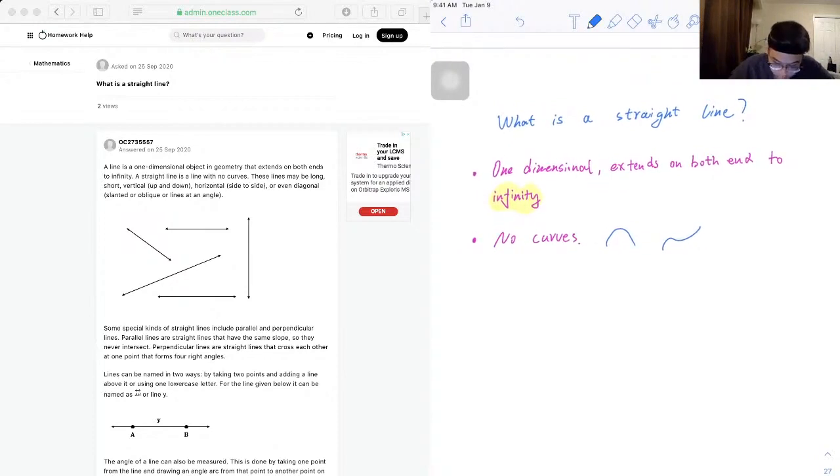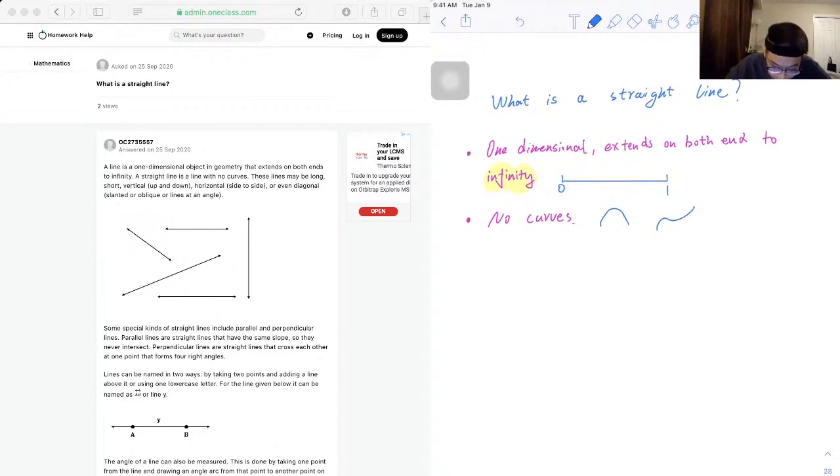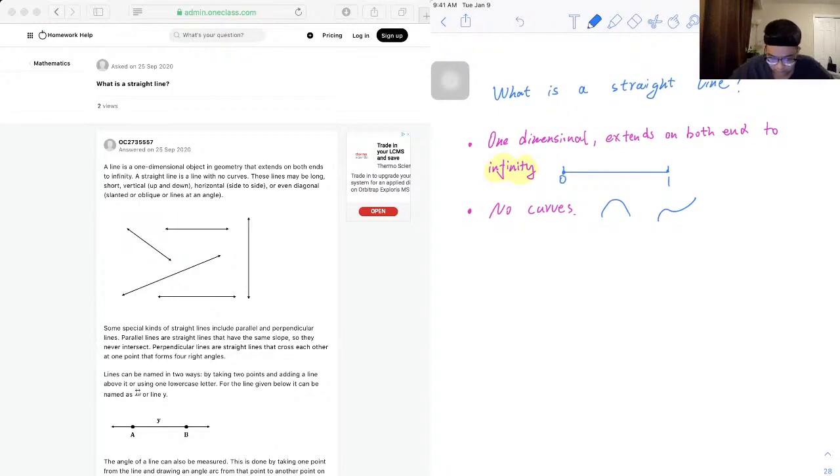And for the one-dimensional extend on both ends to infinity, if we got a line like this, let's say 0 and 1, this is not a straight line either. It stops at 0 and stops at 1, so it does not extend both ends to infinity. So this part is sort of like a counterexample.